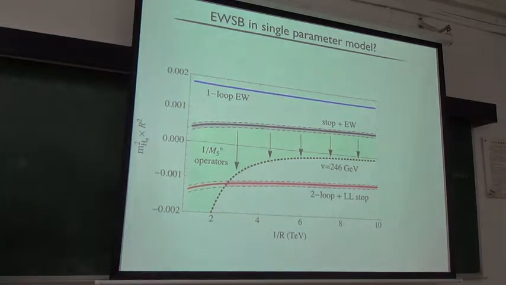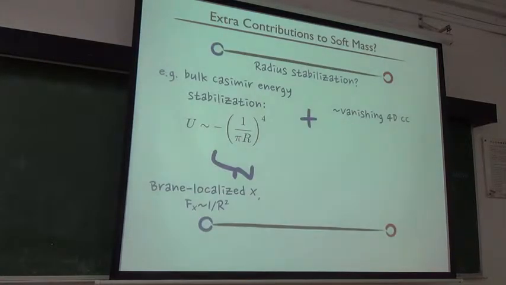Okay, so fortunately there are some extra contributions to the massive particles. What I've talked about so far are kind of the leading contributions. There are some extra contributions that have to do with the fact that anytime you have an extra dimensional model, if I want to put gravity into this model, then that extra dimension becomes a dynamical object.